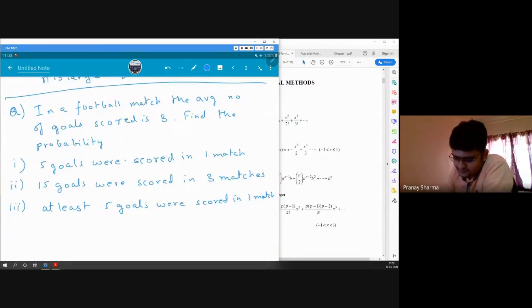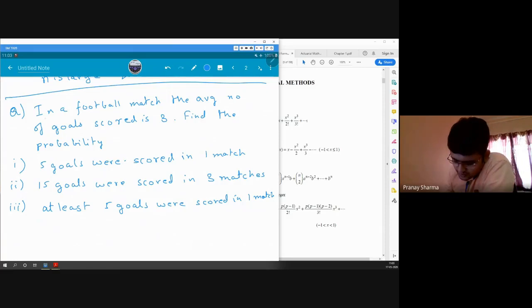So first of all, how do we know that this is a Poisson distribution? We will find a lambda. Lambda is nothing but rate of success per time. So rate just means it has to be per time. Now here I don't see a per time. I said in a football match the average number of goals scored is 3. If I said 3 per day, per minute, per hour, this is per time.